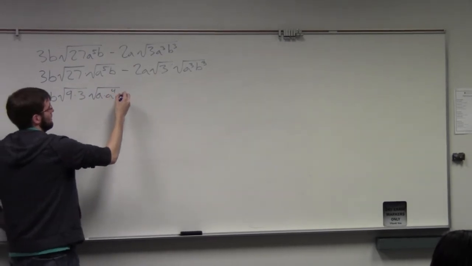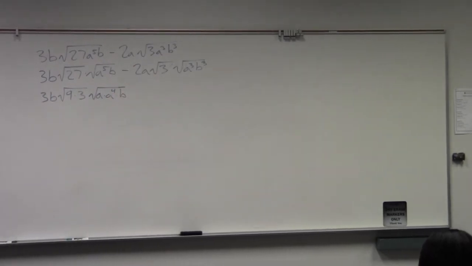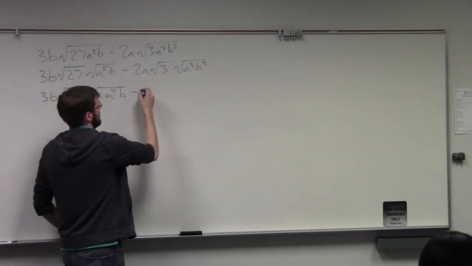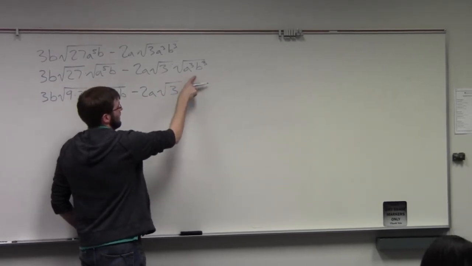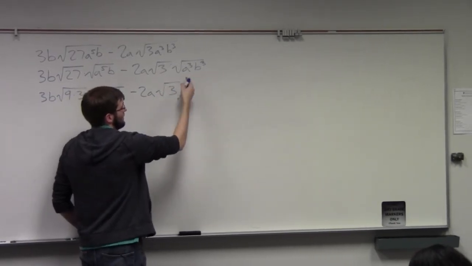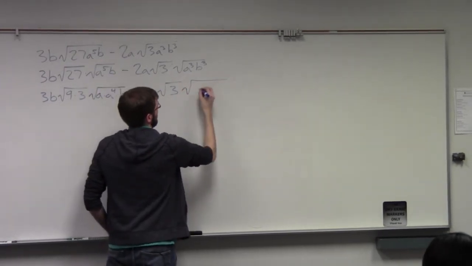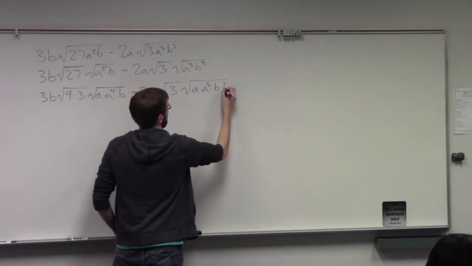No, so this b is stuck in the radical, so we want to leave him there. And so these two guys, these are odd, so can I take an a and a b out of here? That's right, so I can make this a times a squared times b squared.